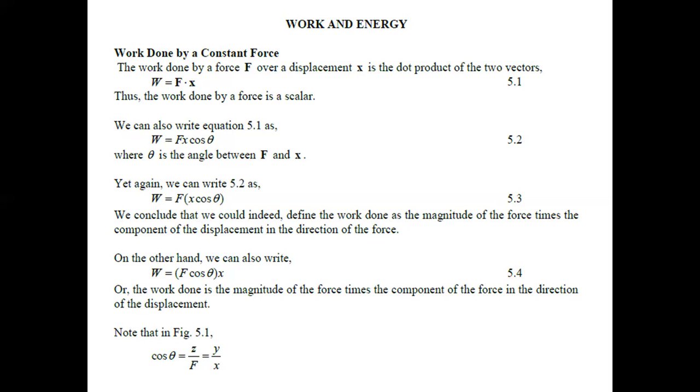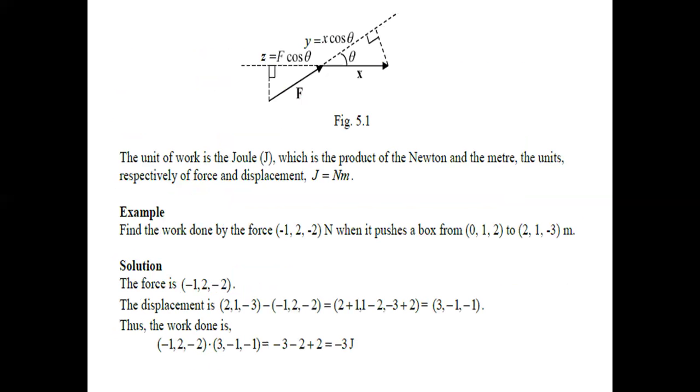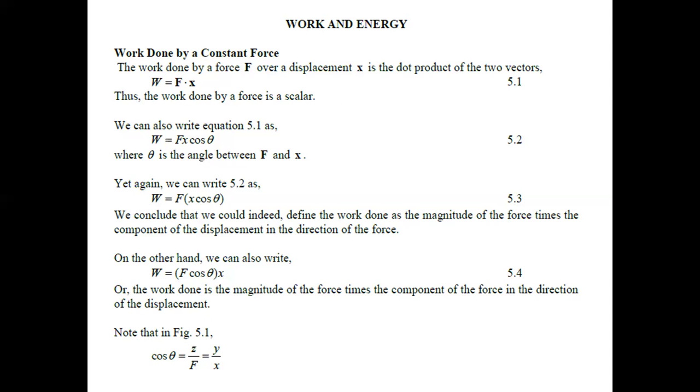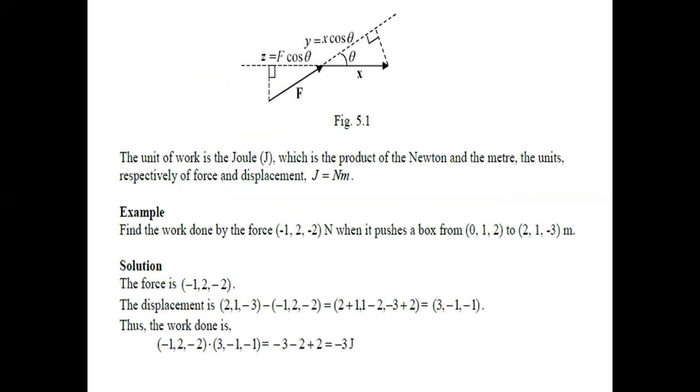So Z is F cos theta, and cos theta is going to be Z over F, adjacent over hypotenuse.